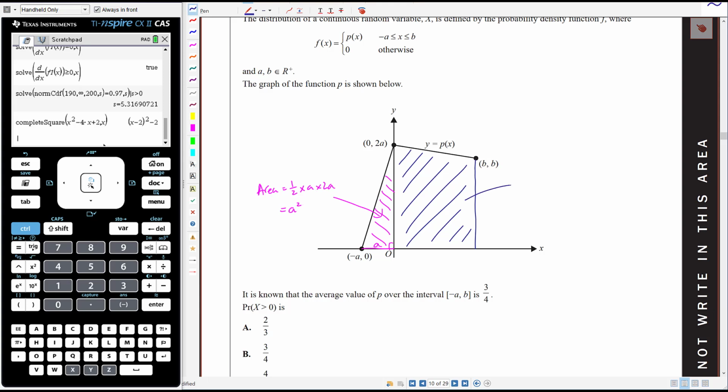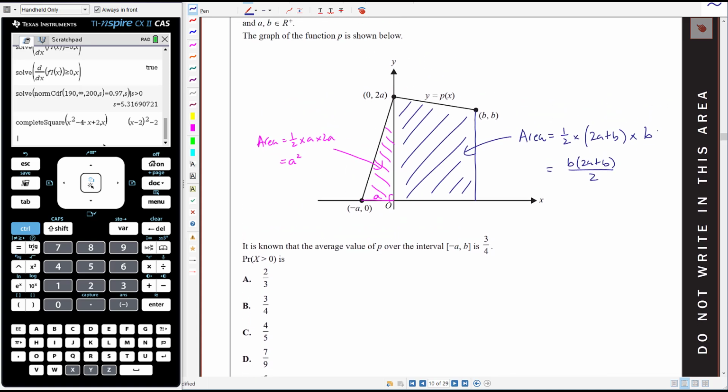And then this bit of area here is a trapezium, so it's half times the sum of the parallel lengths, which is 2a plus b, and then times the height, which is this distance along here, which is b. So however we want to write that, b times 2a plus b over 2.